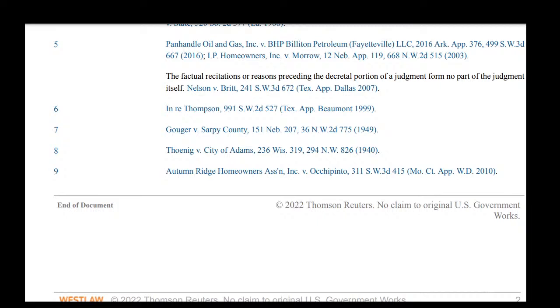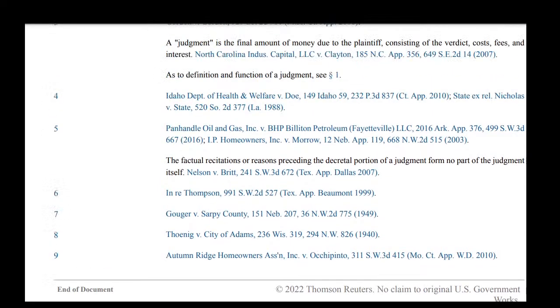Autumn Ridge Homeowner Association, 2010, in Missouri. The factual recitations or reasons preceding the decretal portion of a judgment form no part of the judgment itself. So the facts form no part of the judgment. The judgment is a process of reason built on the facts.